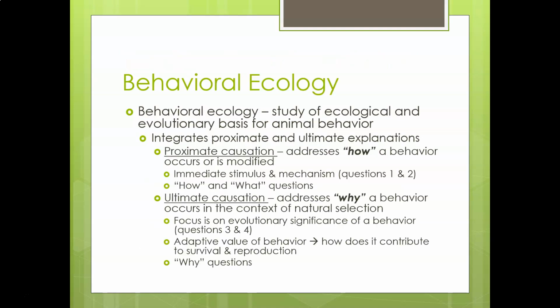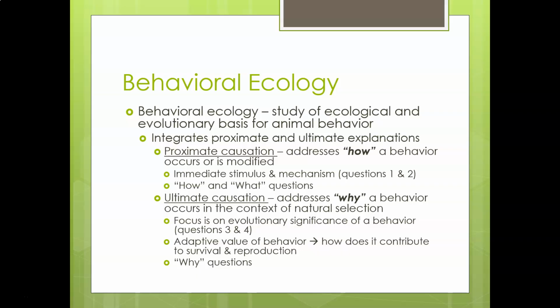And if I look at this, questions 1 and 2, about the physiological mechanisms as well as how the body learns to adjust in its muscle memory, in its hormonal changes, whatever the case might be, are proximal causation questions. They're addressing how the behavior occurs or how it's modified throughout that organism's life.